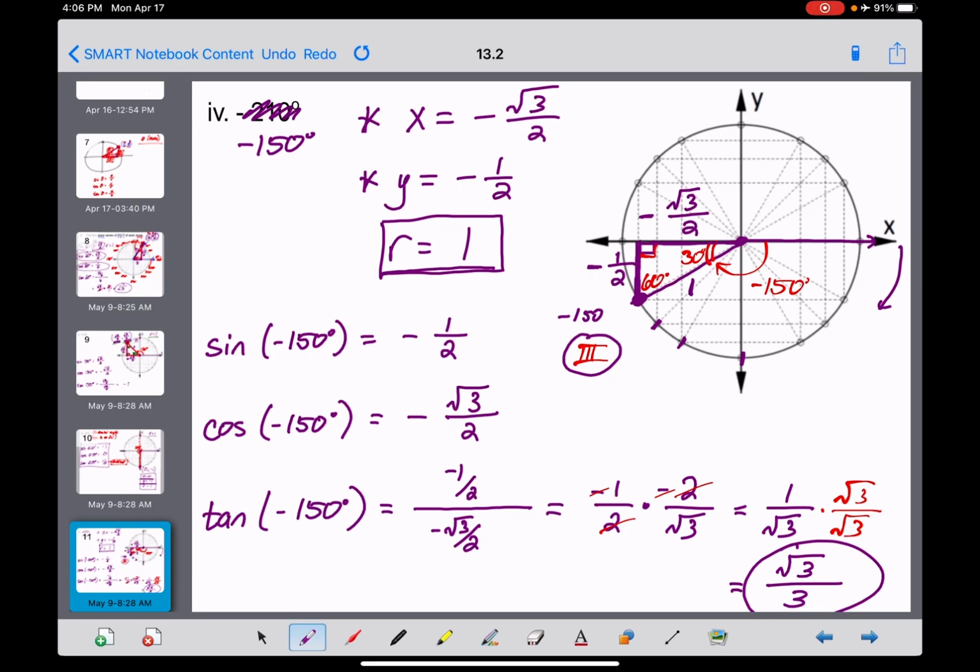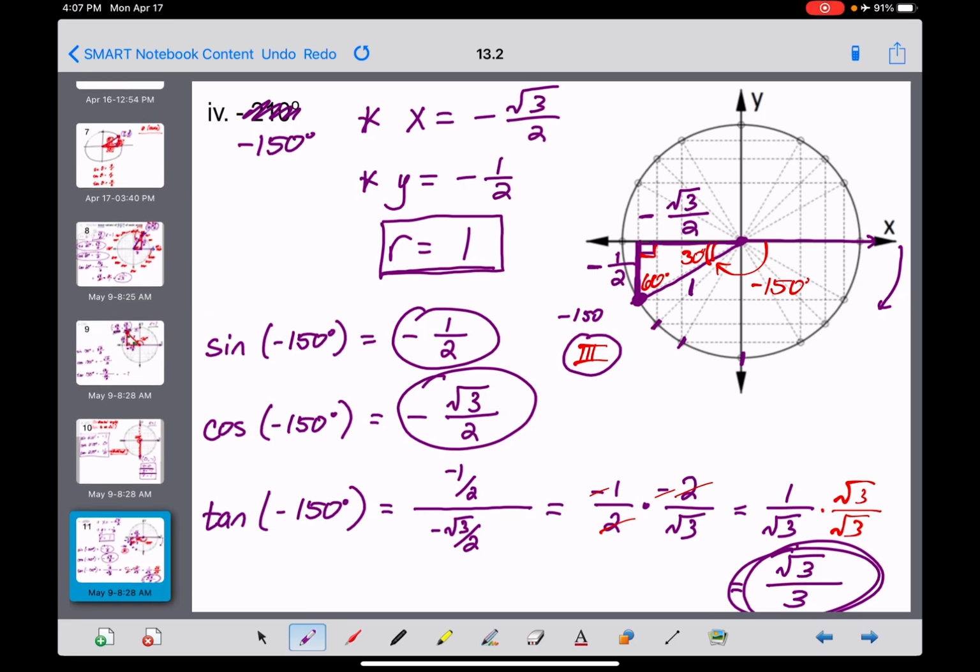All right, so guys, there's your exact answers for the sine of negative 150, the cosine of negative 150, and the tangent of negative 150 degrees, all of which we did without using our calculator. Now, guys, this is scary stuff.